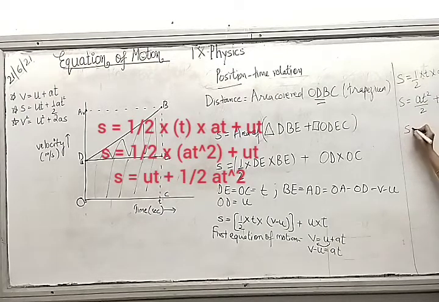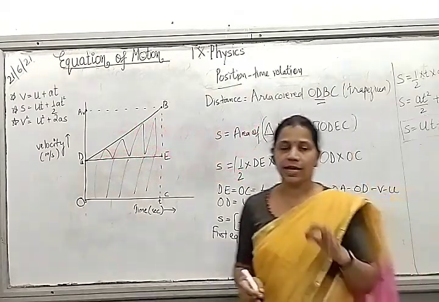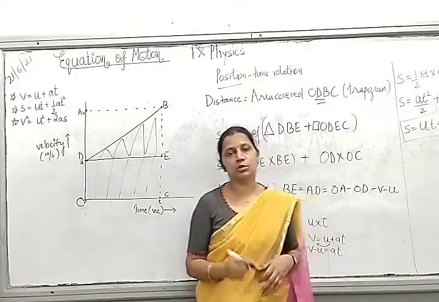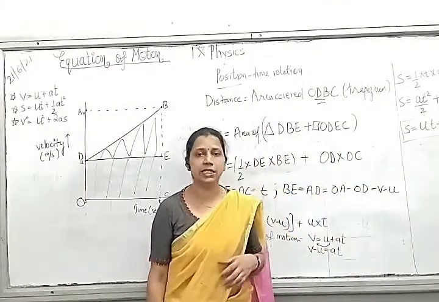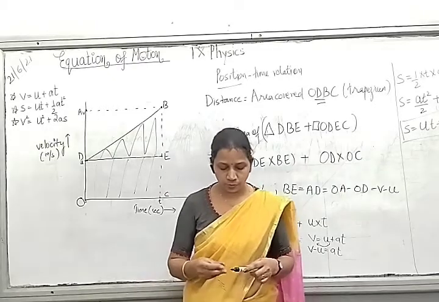Or simply rearrange it: UT plus half AT square. So this is your second equation of motion. S, that is the distance, is equal to UT plus half AT square. Hope this is clear to you.